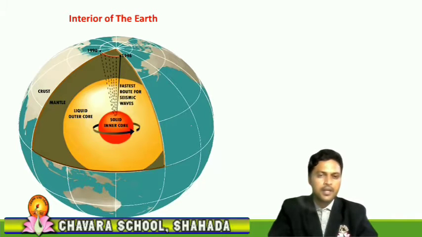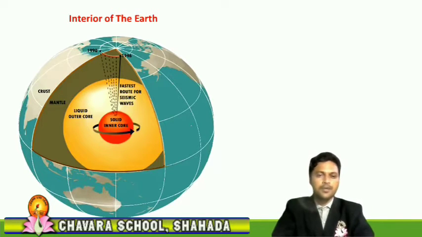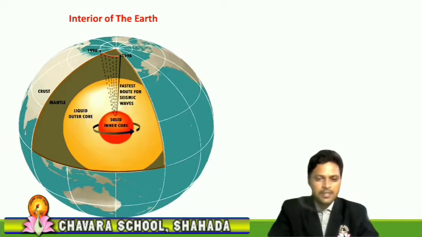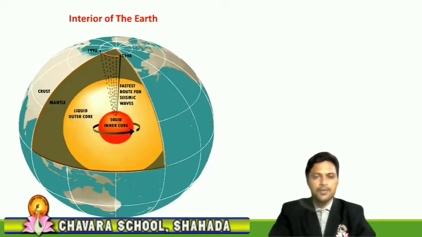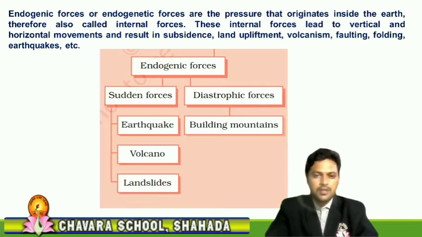And these plates are continuously moving around the earth because of the forces which are generated inside the core. And the main sources of this force are uranium, potassium, and thorium. And these forces which are generated inside the earth are known as endogenetic forces. And these endogenetic forces can be classified on the basis of their velocity.